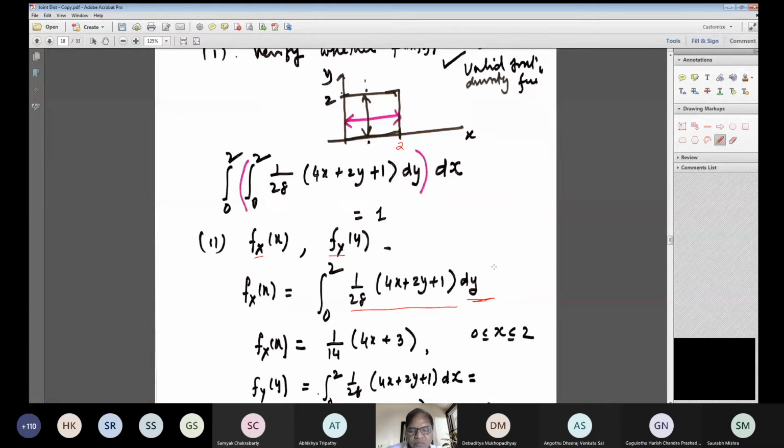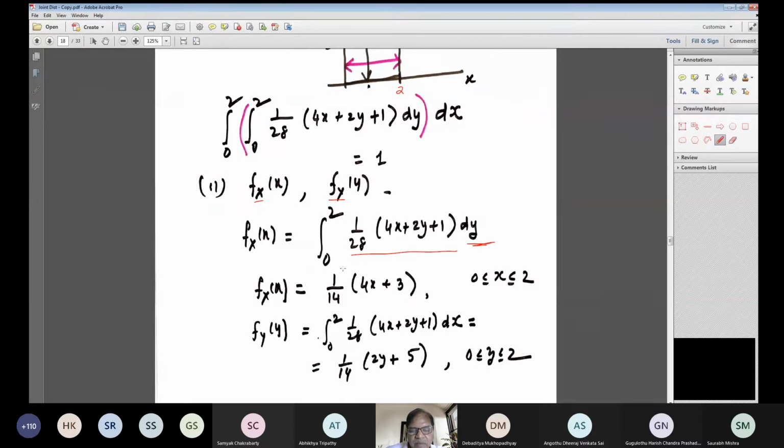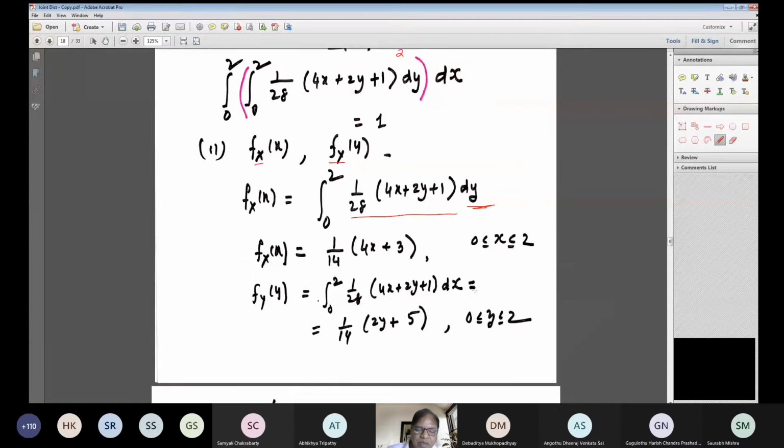This is the value which I have written. You can check whether it is correct or not. Similarly, once you get fx, if you want to check whether it's a valid density function, you can integrate from 0 to 2, 1 by 14, 4x plus 3 dx. It should come to 1.